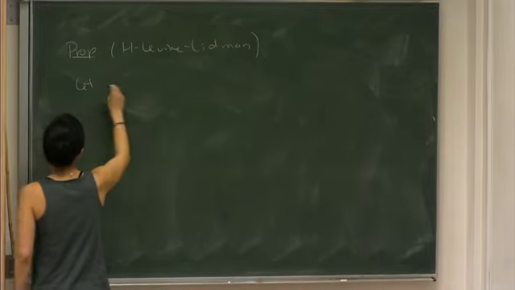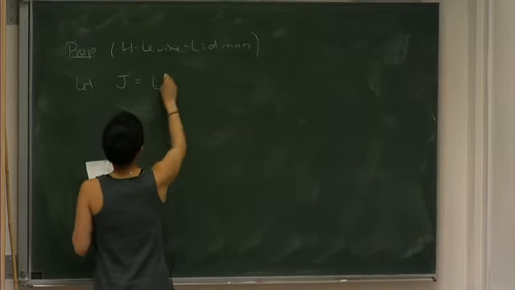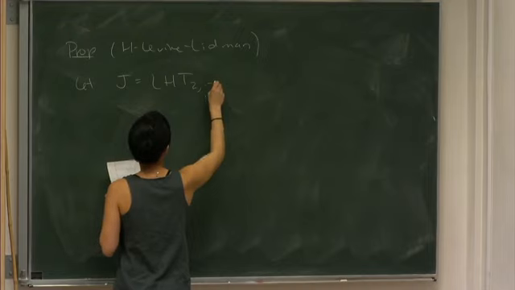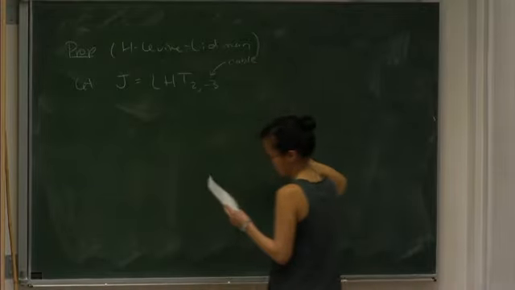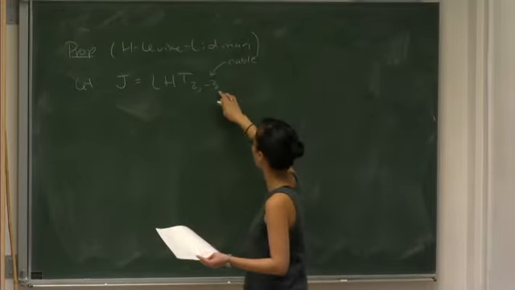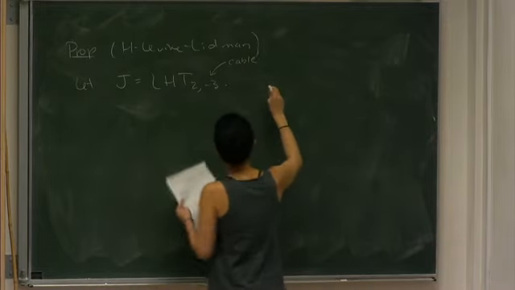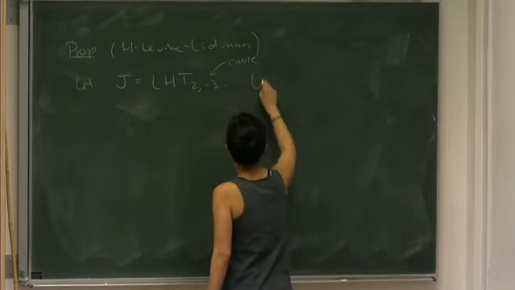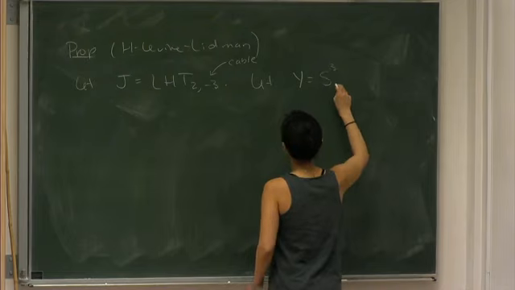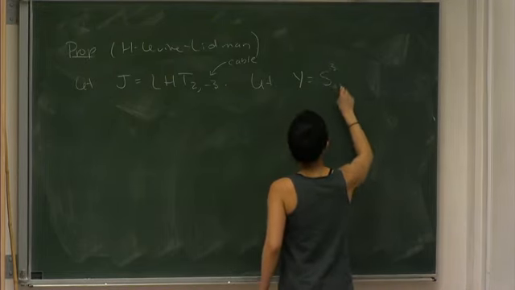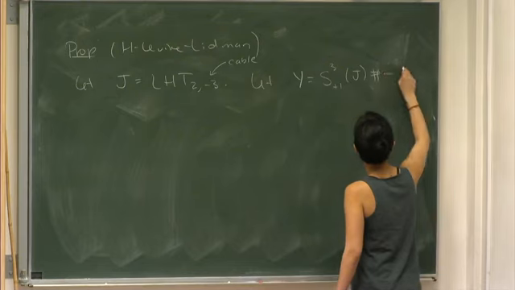Let J be the (2,-3) cable of the left-handed trefoil. In case you care, 2 is the longitudinal winding. Then let Y be +1 surgery along J, connect summed with minus that manifold.